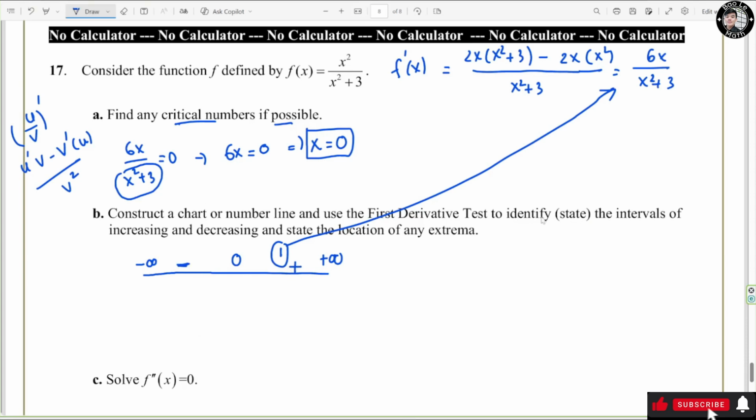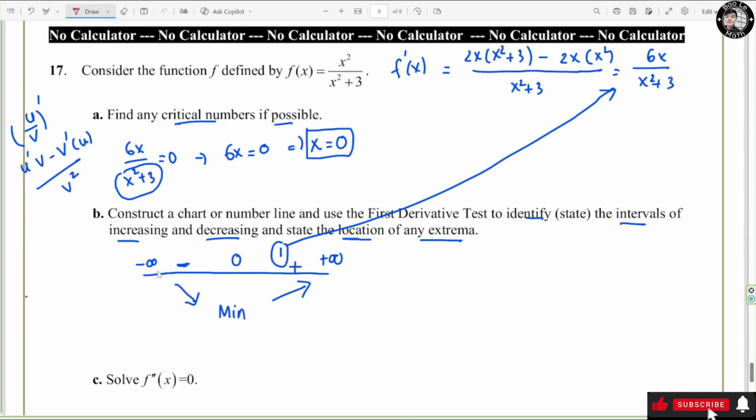We need to identify the intervals where the function is increasing and decreasing, right? And then we need to say the location of any extrema, right? So this one is decreasing, this one is increasing, and this one is the minimum, right?